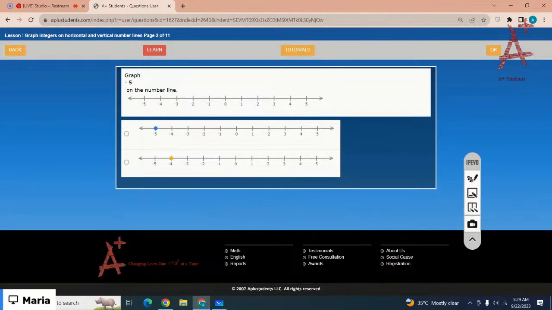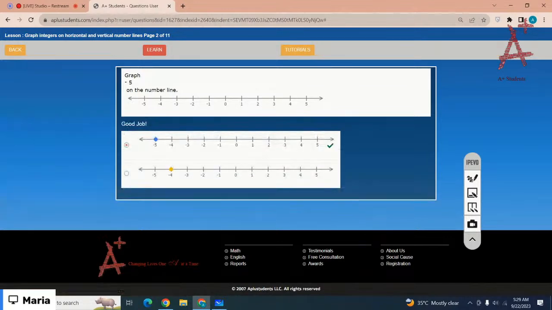You have to graph negative 5, so just draw a number line and highlight the negative 5. That's all you have to do. So that would be option number 1. What happened? Is it a difficult one?